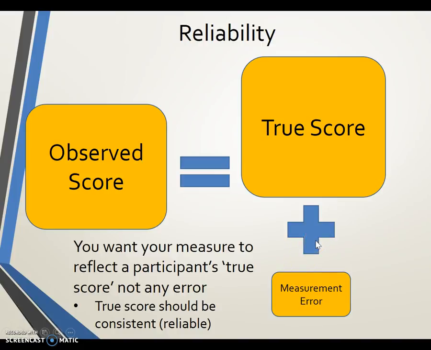So hopefully you can see back to this reliability graph. You're trying to get whatever your observed score, so that child maybe scored a 96%. You want that observed score, 96%, to represent a true score of 96%. So you're trying to use multiple raters to take out that measurement error.